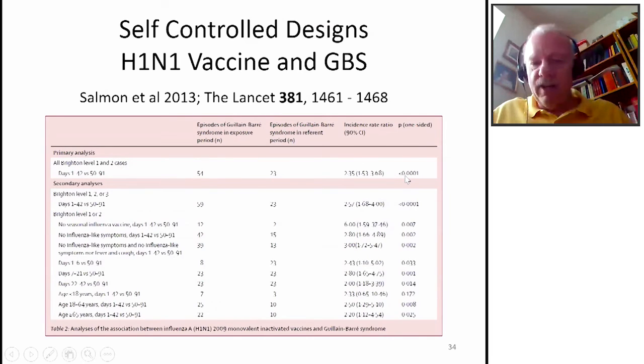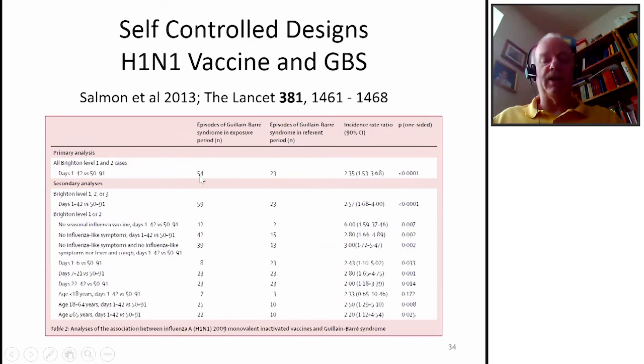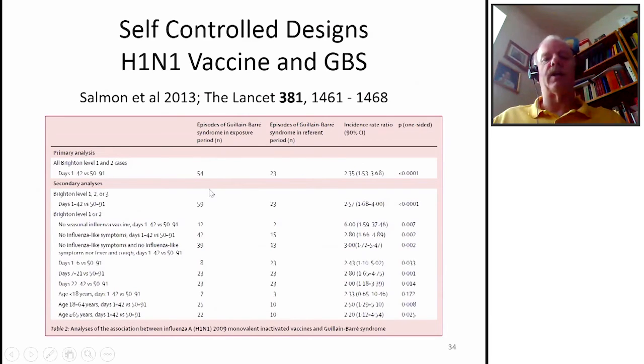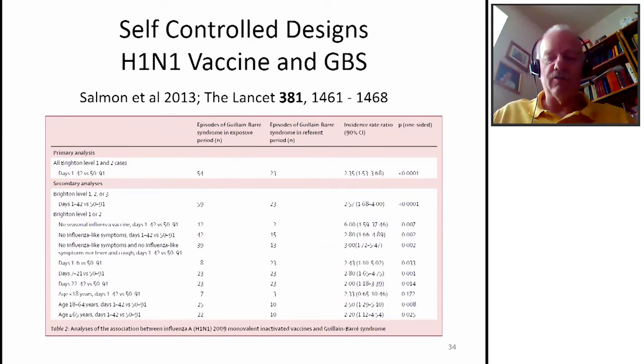That p-value is less than 0.0001. So it's extremely unlikely if you flip a coin 77 times that 54 or more of them would be heads. And similarly, this is striking evidence that there were a lot more Guillain-Barré episodes during the first 42 days after the vaccination.